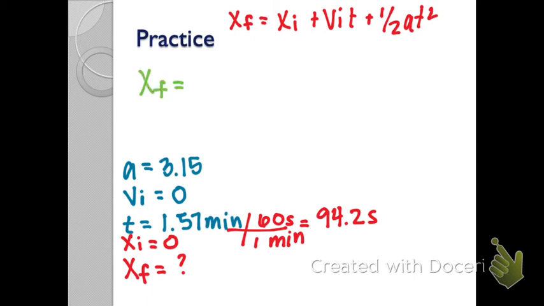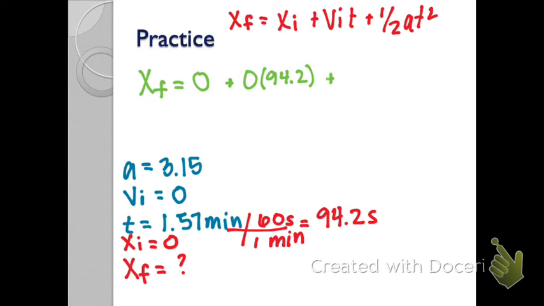My XI, my initial displacement, is 0. VI, what's my initial velocity? 0. And what's anything times 0? 0, right? So I can put my time in there, but do I need to? Because it's still just going to be 0, okay?